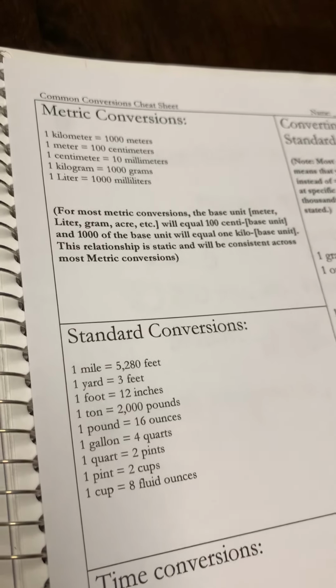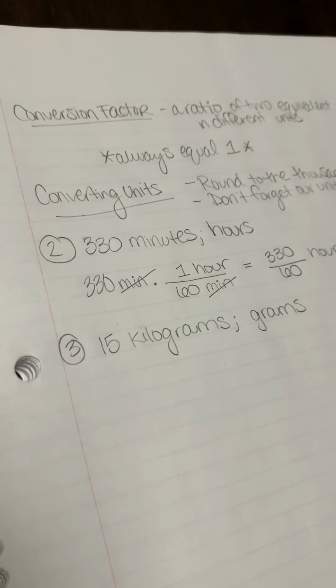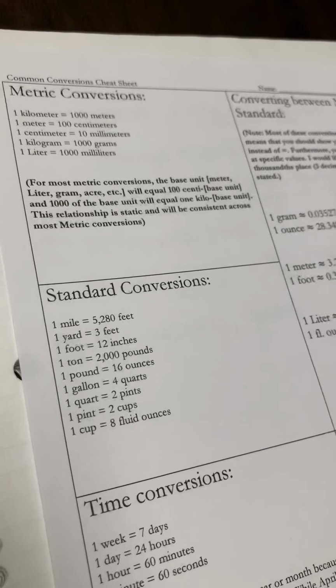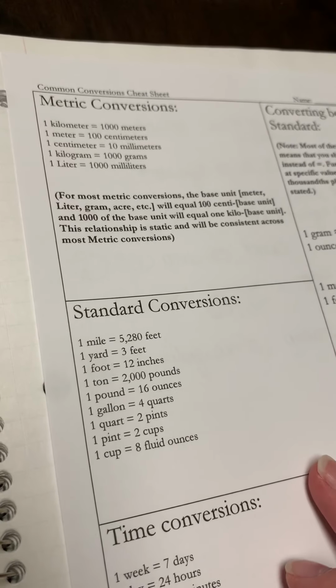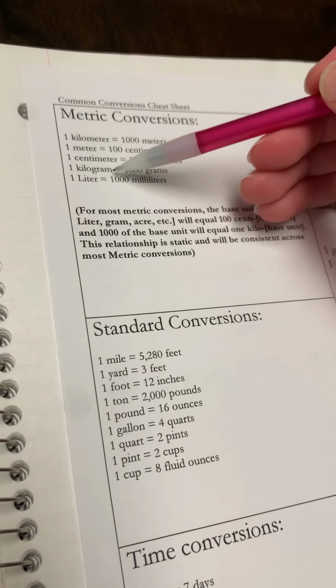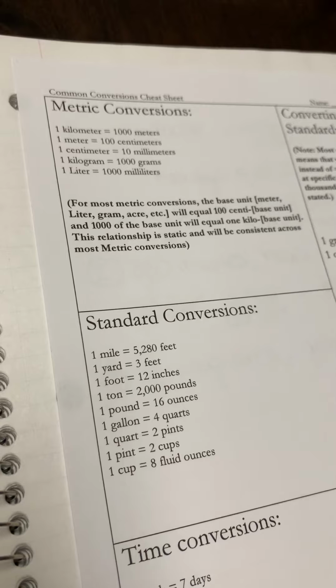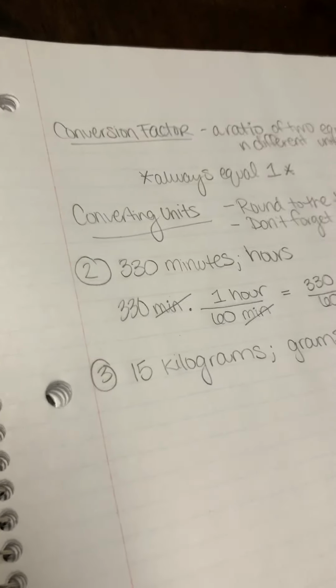Okay, now we want to convert kilograms into grams. So we're looking for information that can lead me from kilograms to grams. Looking at my list, that would be here. 1 kilogram is equal to 1,000 grams.